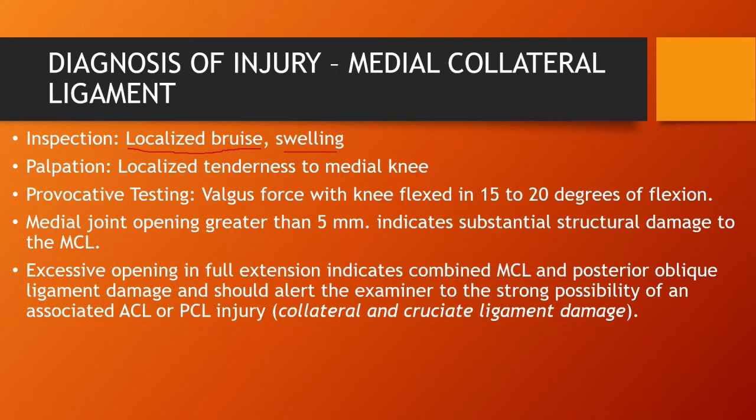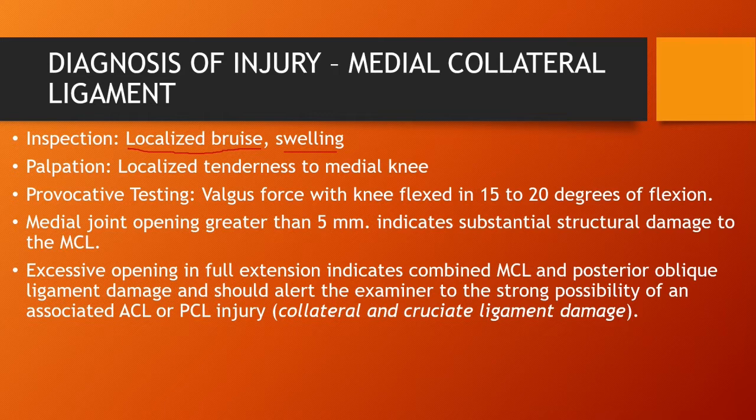This hardening represents a chronic ossification of the medial collateral ligament. This is known as a Pellegrini-Stieda lesion, and I'll show you a radiographic depiction of that in just a minute.